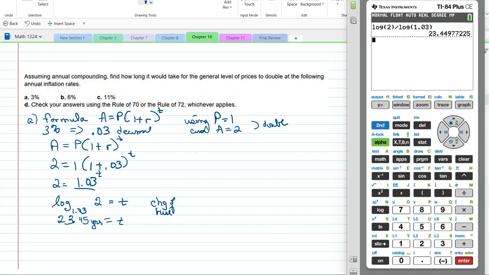So log of 2 divided by log of 1.03. Now we're going to use the quick and dirty rule of thumb.